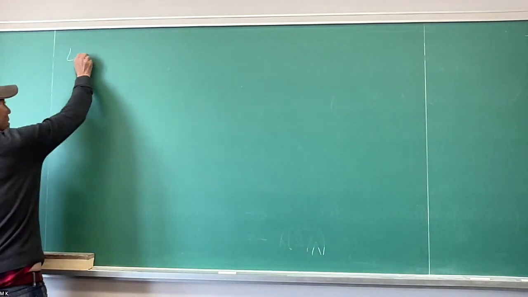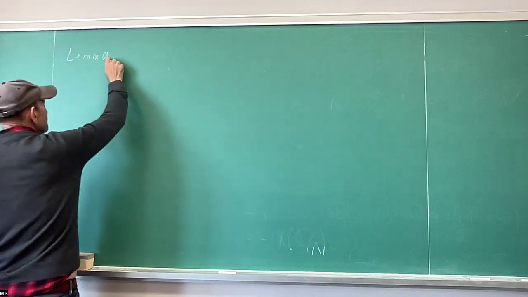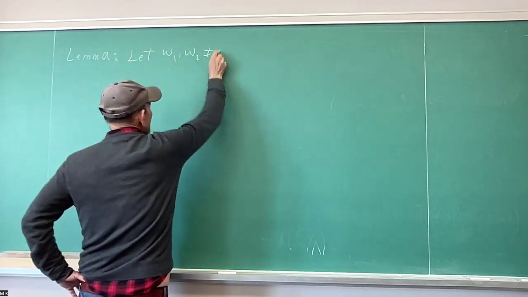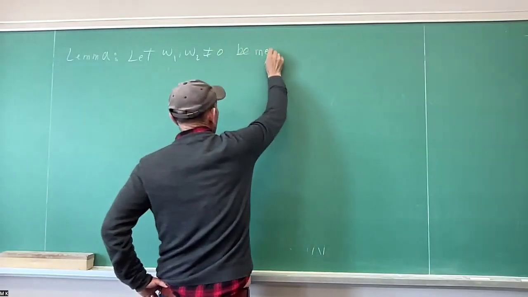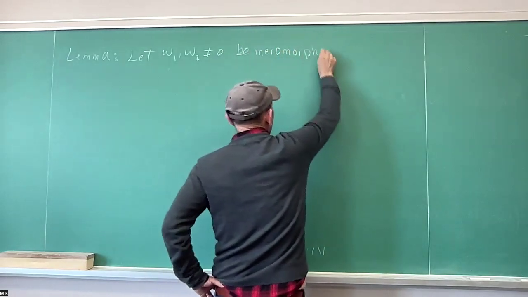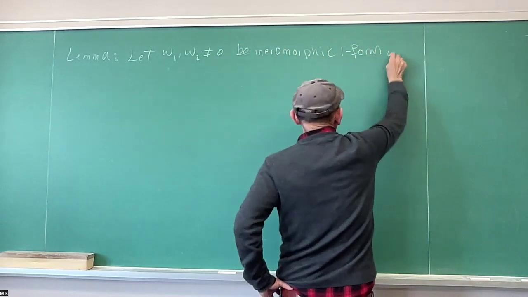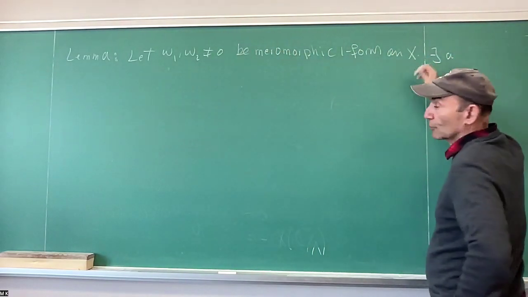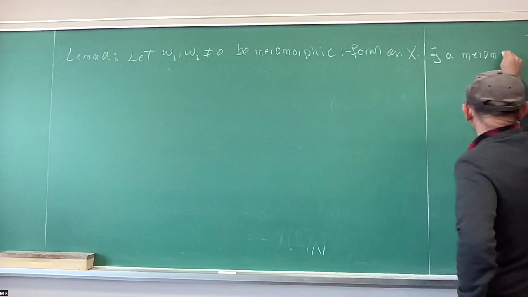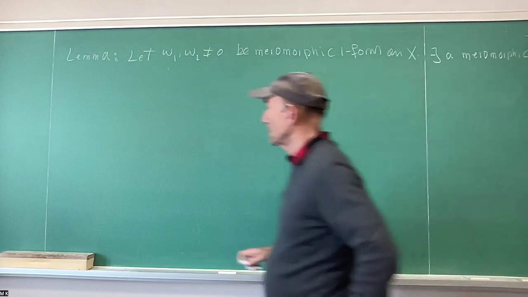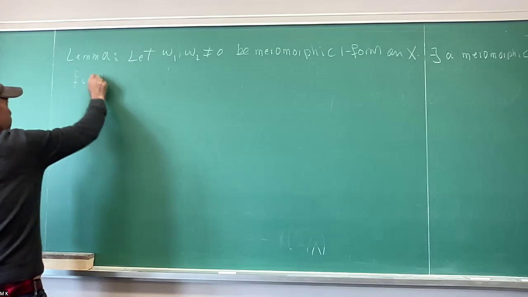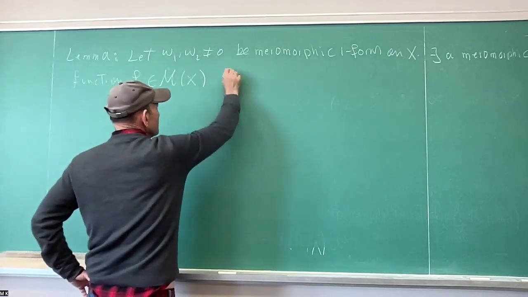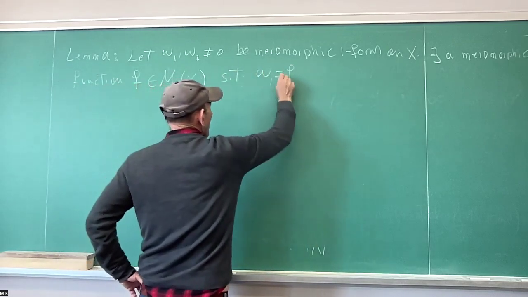So the lemma is: let omega 1, omega 2, different from 0, be meromorphic one forms on X. Then there exists a meromorphic function f in M of X such that omega 1 is equal to f omega 2.